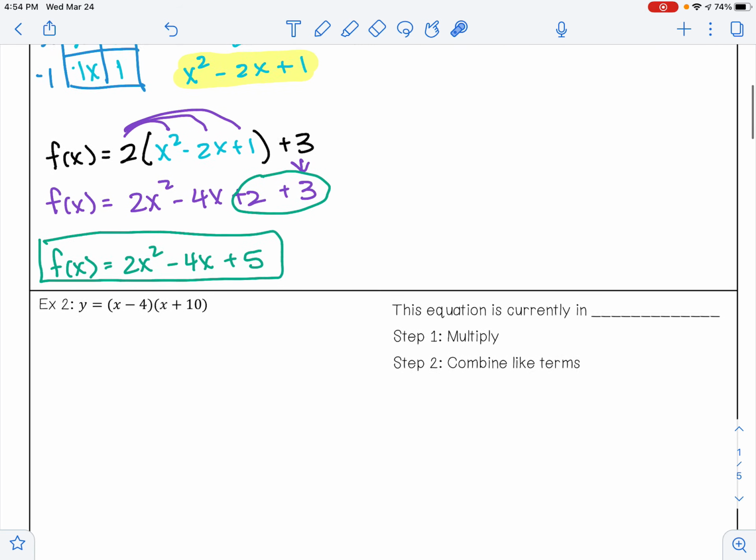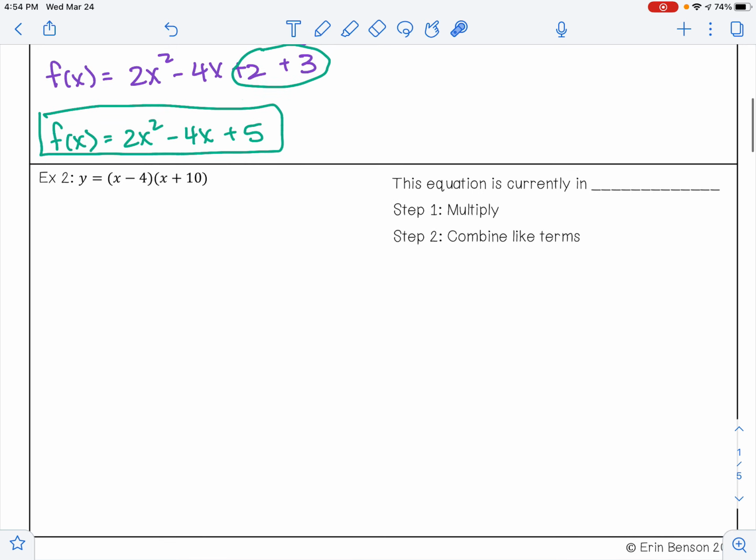Let's look at example 2. On example 2, we have y equals x minus 4 times x plus 10. This equation is currently in factored form. Factored form is the same thing as intercept form.